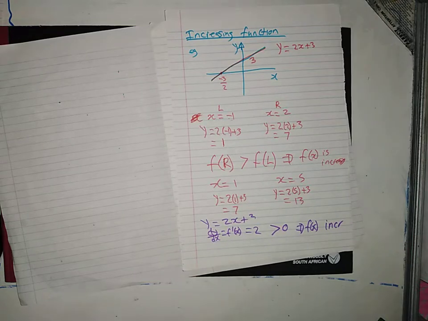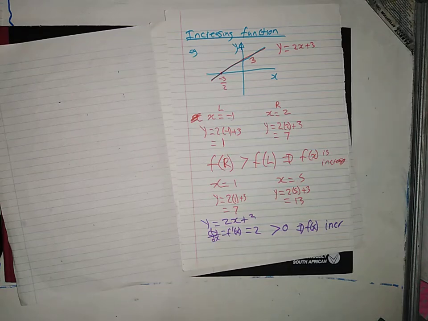So mostly when you are doing grade 12 and they're asking you, is this function increasing or decreasing? You can simply take a derivative of that function, and when that derivative gives you a number that is greater than 0, a number that is positive, then you know for a fact that that function is increasing.